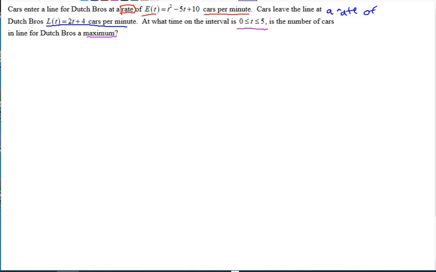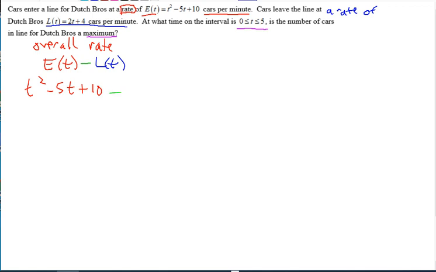So the overall rate would be the rate they enter minus the rate they leave. So the rate they enter would be t squared minus 5t plus 10. And again, these are already the derivatives, so we don't need to find the derivative again on this one.